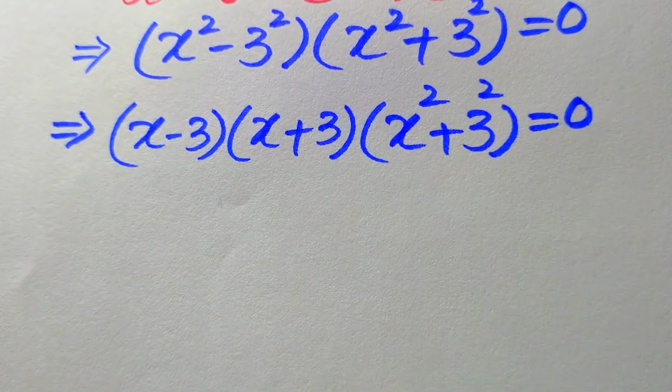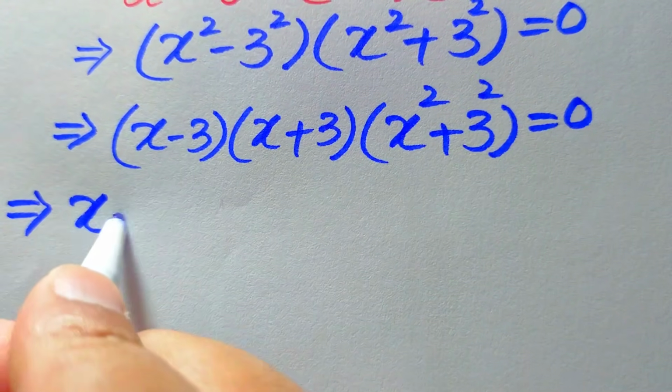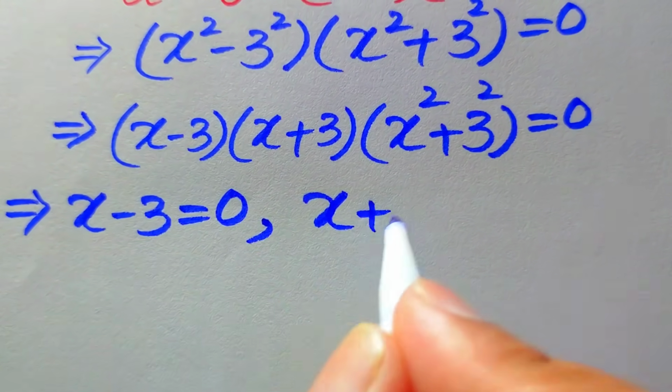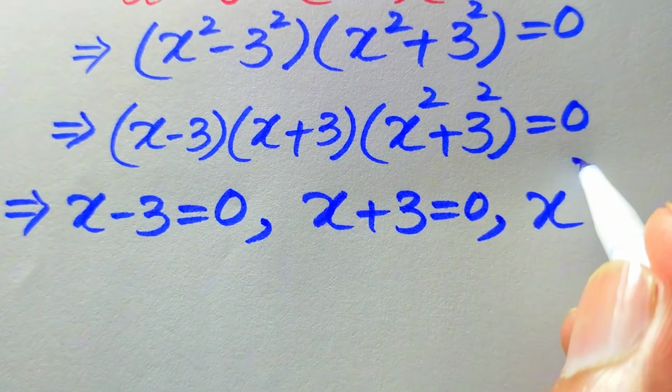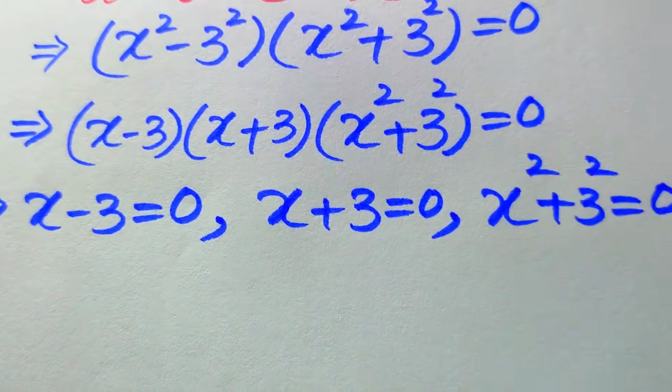Now we divide this equation into three cases. The first case: x minus 3 equals 0. The second case: x plus 3 equals 0. The third case: x squared plus 3 squared equals 0.